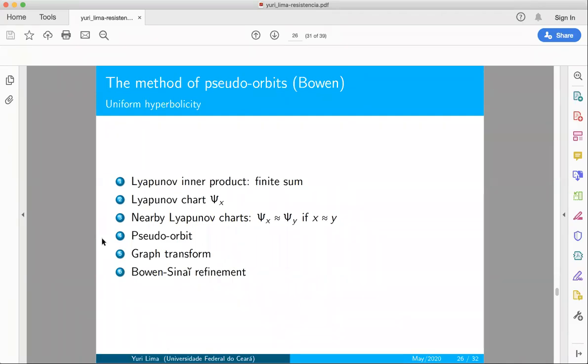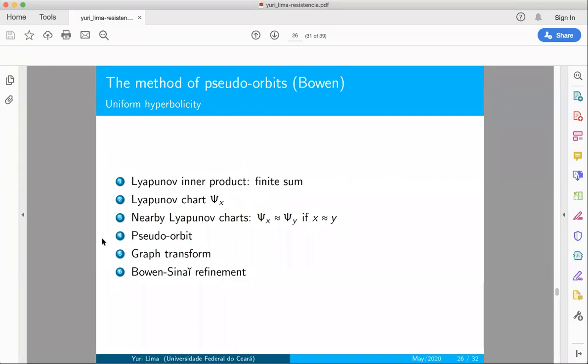And to do that, he considered what is known as a Lyapunov inner product. If you have taken a course on hyperbolic dynamics, you might have heard about adapted metric. So the Lyapunov inner product is exactly this. It's a finite sum defined separately in the stable and unstable spaces. Because of that, it induces a chart, known as the Lyapunov chart, which allows you to see the dynamics of your map just like a small perturbation of a hyperbolic matrix.